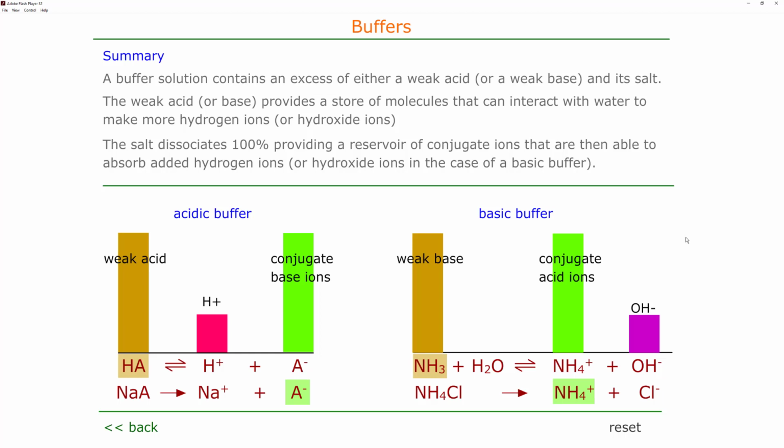And so there's the two systems drawn here. You'll see the similarity: acidic buffer, large reservoir of weak acid and conjugate base. A basic buffer, large reservoir of weak base and conjugate acid. The only difference, of course, is that the acidic buffer will have a pH in the acidic range. The basic buffer will have a pH in the basic range.